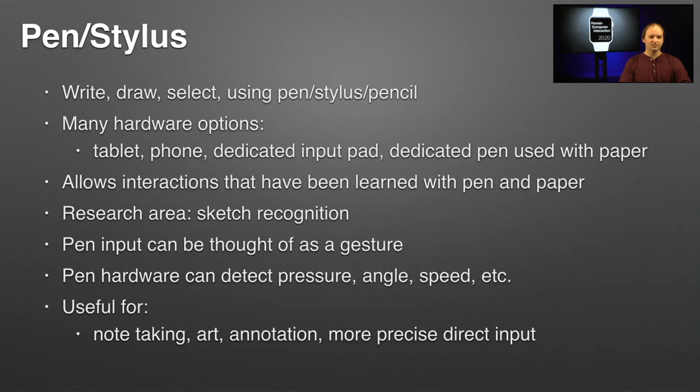So thinking about that, you can use a stylus or a pencil to do pretty much everything you can do with the mouse. You can do it for your pointing, selecting, but you can also do things like handwriting, drawing and sketching. And this isn't limited to just a tablet with a stylus input.